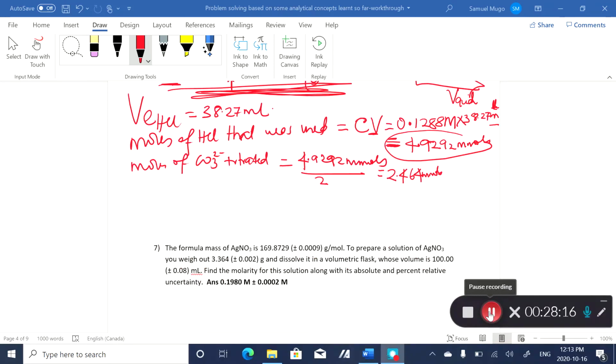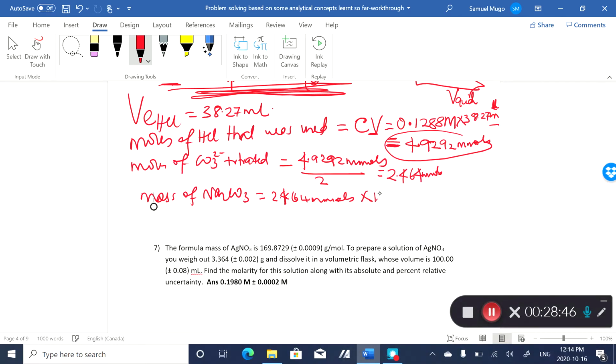So now that you know the number of moles, you can calculate the mass of the carbonate, or the sodium carbonate, that is present in the sample. So it's going to be 2.464 millimoles, and then I would multiply it by, of course, the molecular weight. And the molecular weight of sodium carbonate, if you check, is equal to 105.988 milligrams per millimole.